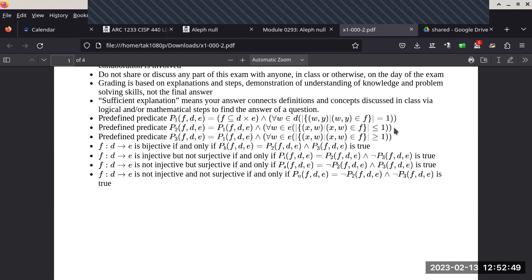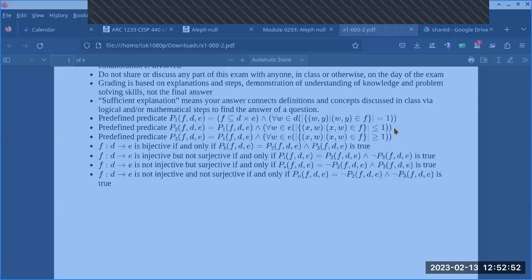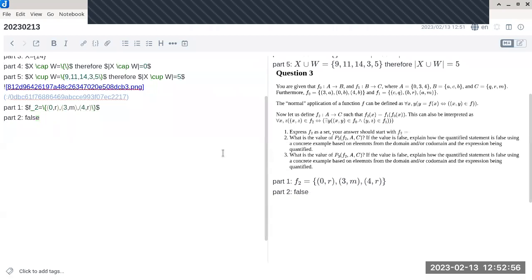Let me see. There's only one possible answer. So you have to go back to this thing here, and then you have to say, if W equals R, then the set of 0R, 4R has a cardinality of 2, which is not less than or equal to 1.